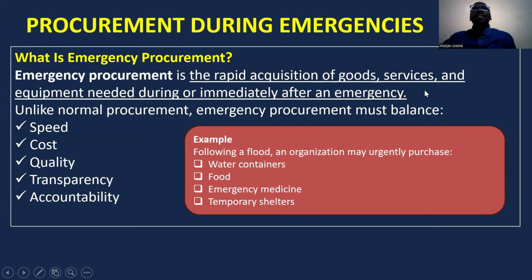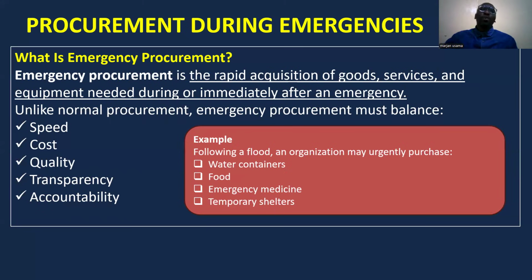The goods, the services, and equipment needed during or immediately after an emergency. So we acquire the goods and services we need during the disaster, or immediately after an emergency, or right after the disaster occurs.